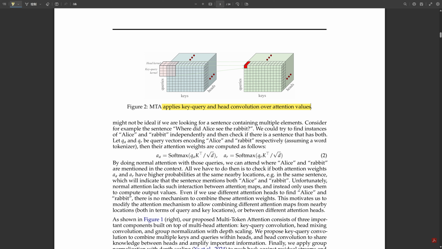Usually that's just a dot product. Then you normalize these scores using a softmax function, and that gives you the attention weights. Basically, these weights tell you how much each key is relevant to the current query. Finally, you use those weights to create a weighted sum of the value vectors. And that sum is the output of that attention head for that specific query token.